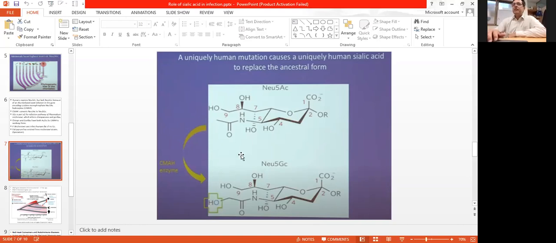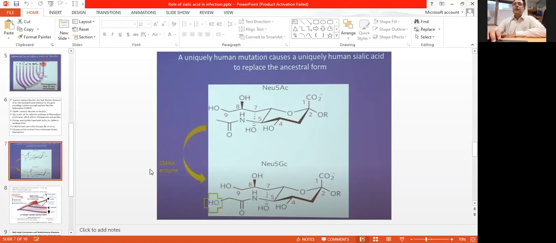This addition of a hydroxyl group changes the form of the sialic acid from Neu5Ac to Neu5Gc, from acetyl to glycolyl. The CMAH enzyme is actually doing this particular job. It is adding another hydroxyl group here to convert Neu5Ac into Neu5Gc.